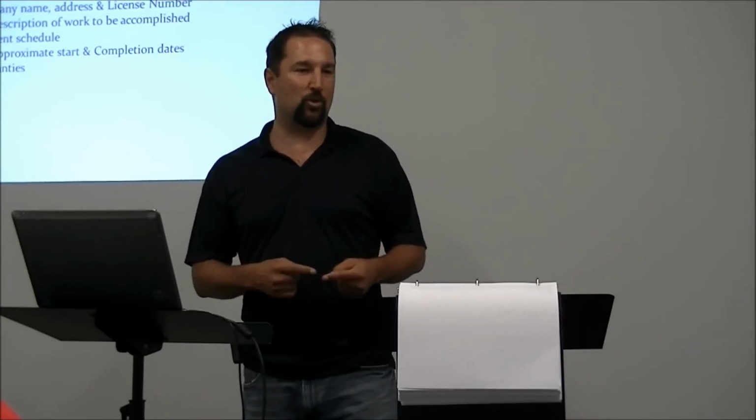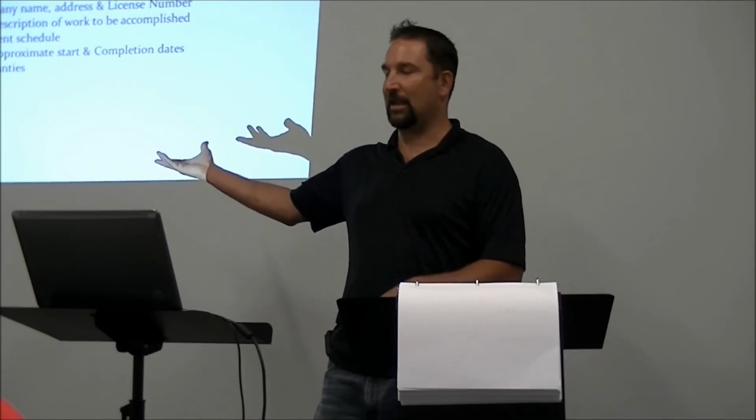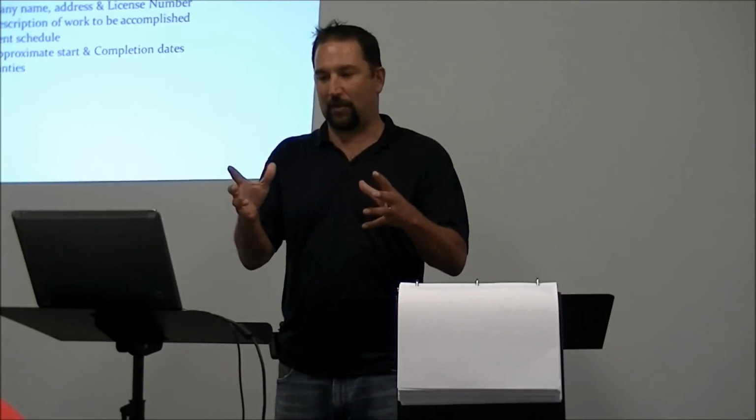A lot of handymen will pick up a form at Staples, not a contract but a bid form or something like that, and they'll say, okay, well this is just an estimate, so just sign this and this will be our contract. Actually, it's not a legally binding contract, because a legally binding contract must contain the California State Licensing Board's address on it. If you make up your own contracts and you don't have that address on there, it's not a legally binding contract. You must have that address on there.